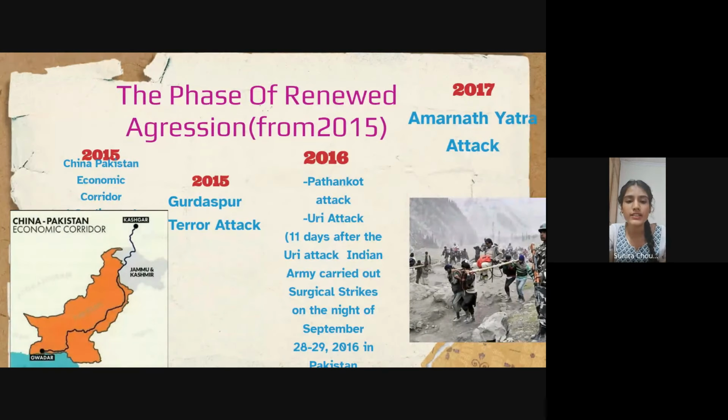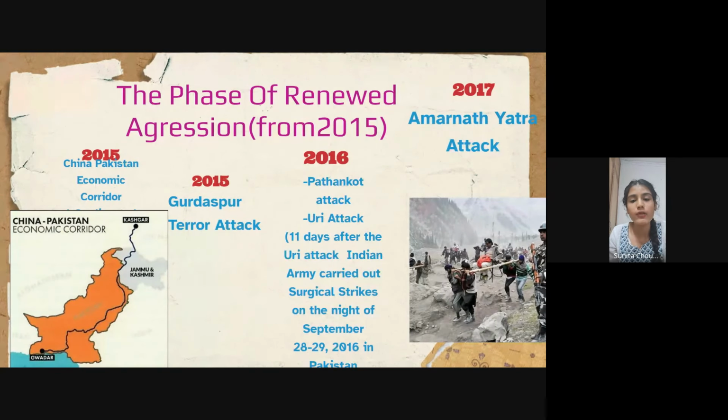After that, Pakistan launches a series of terror attacks. In 2015, the Gurdaspur terror attack. In 2016, the Pathankot attack, and then in the same year, the Uri attack came into the picture. After this attack, the Indian Army carried out surgical strikes on the night of September 28 and 29 in Pak-occupied Kashmir.